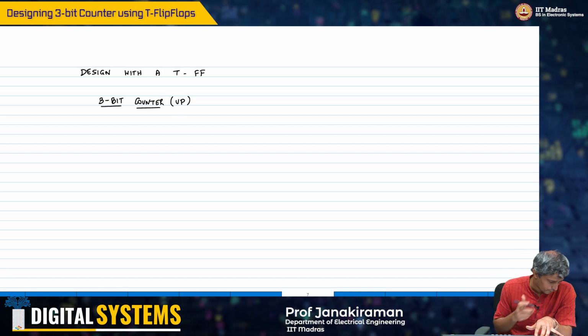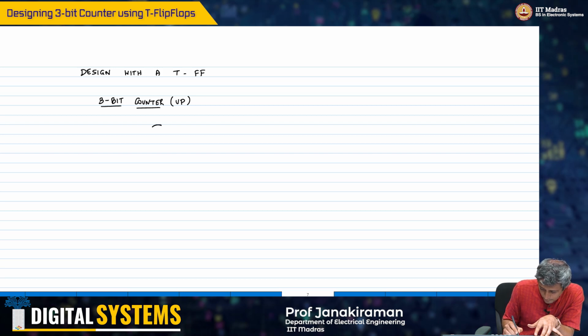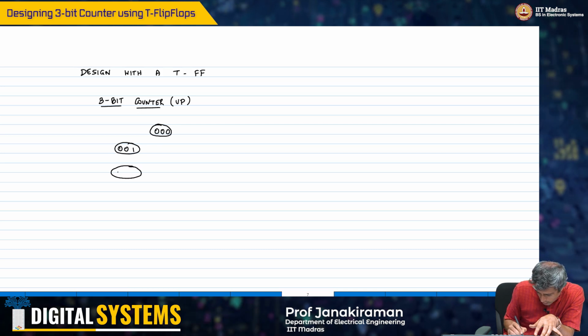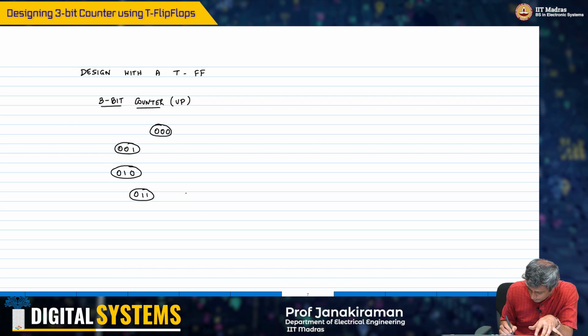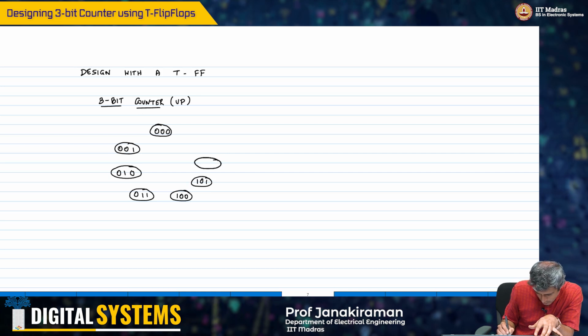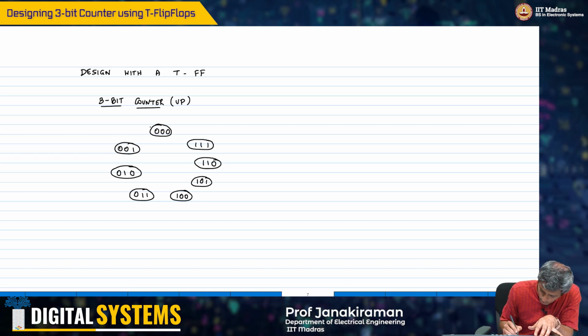So from the state 0 0 0, I am going to go to 0 0 1, 0 1 0, 0 1 1, 1 0 0, 1 0 1, 1 1 0, 1 1 1. Okay, so I'm going to go like this.